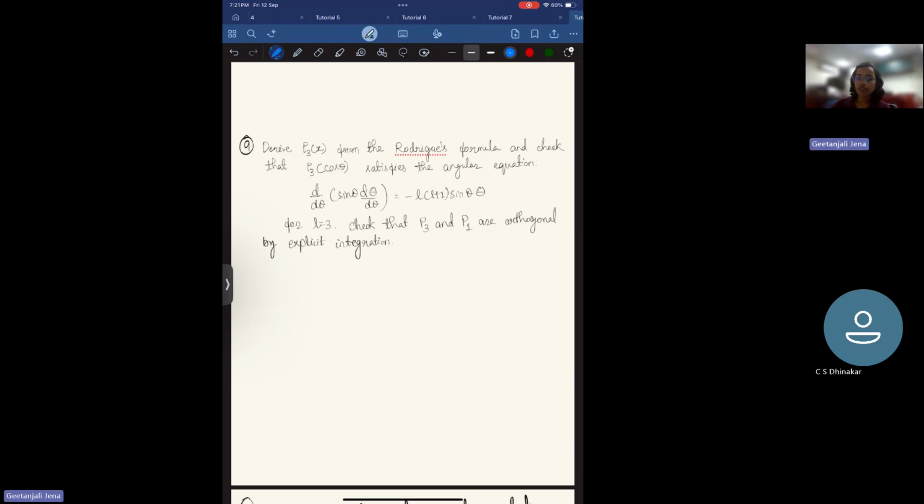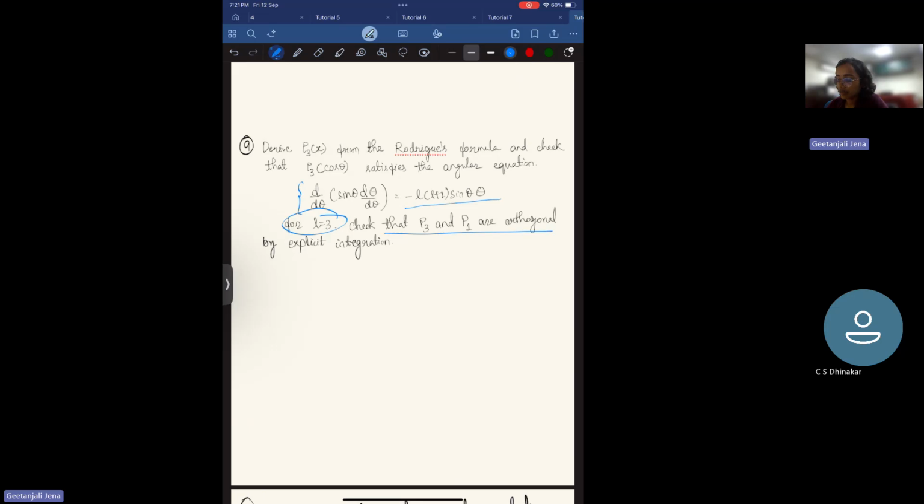Okay, so let us move to our next problem. It's given to derive the expression for P3(x) using the Rodrigues formula and check that P3(cos θ) satisfies the angular equation, (1/sin θ) d/dθ (sin θ dΘ/dθ) = -L(L+1)Θ for L equal to 3.